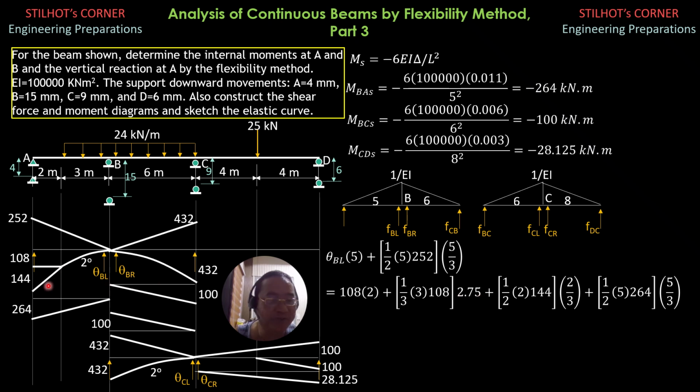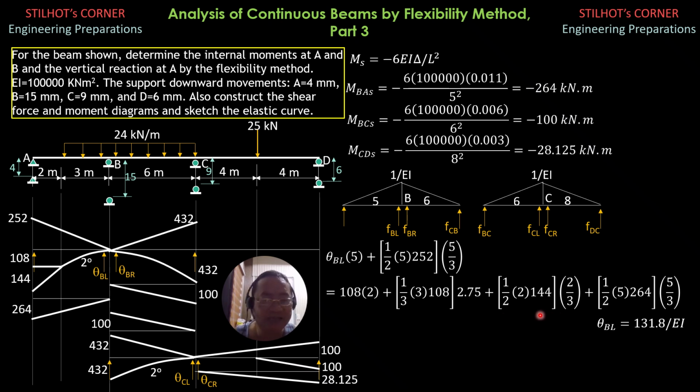Then the moment due to this triangular moment diagram, one half of 2 times 144, the moment arm is 1/3 of 2 or 2/3. And finally, the moment due to the side sway, one half of 5 times 264, moment arm is 5/3. So computing, theta B left is equal to 131.8 over EI.